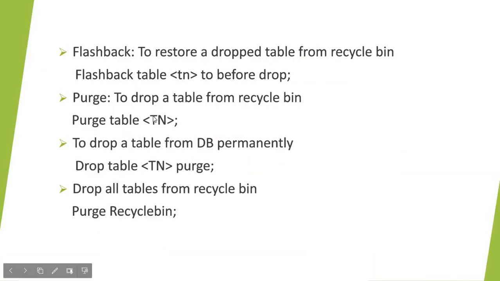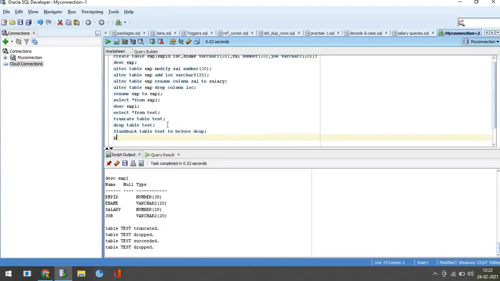Purge table, table name. Purge table test. Table purged, that means it will be dropped from the recycle bin also, so you can't restore this test table back because it is dropped from the recycle bin also.